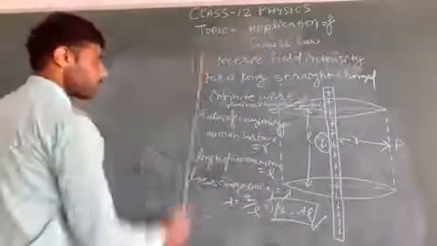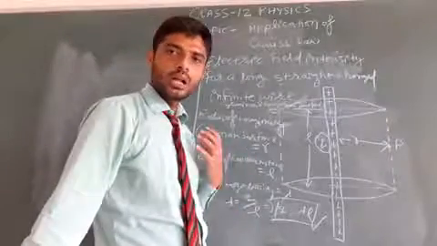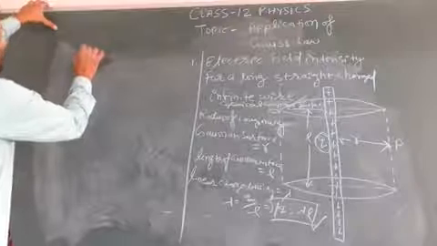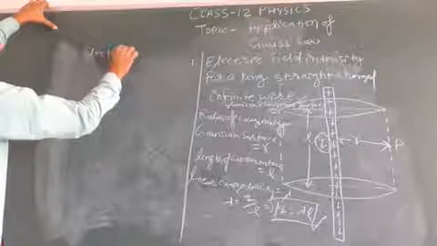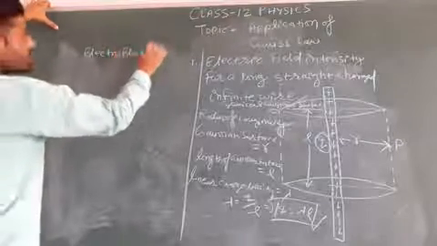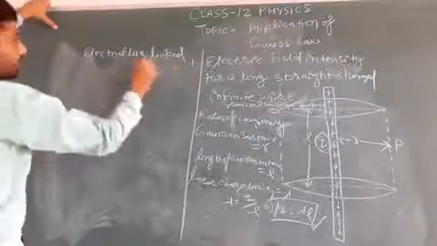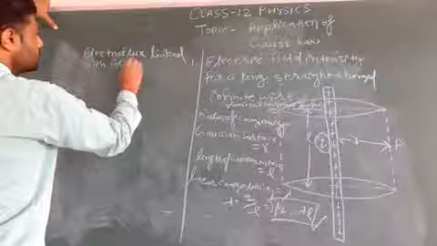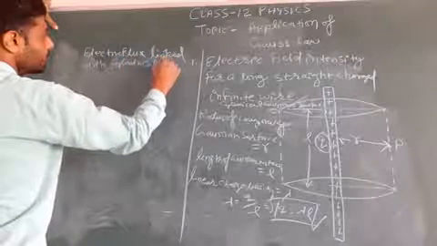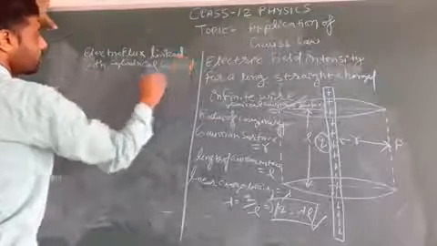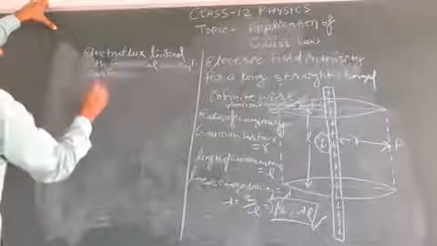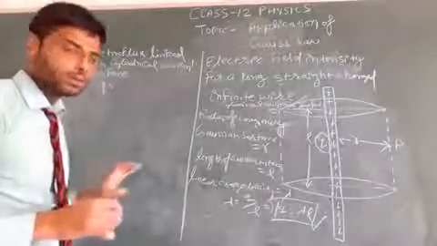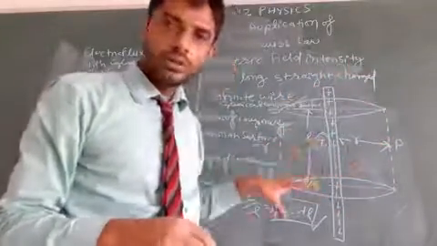Now the electric flux linked with the cylindrical Gaussian surface, phi, is equal to the total flux linked with the Gaussian surface.